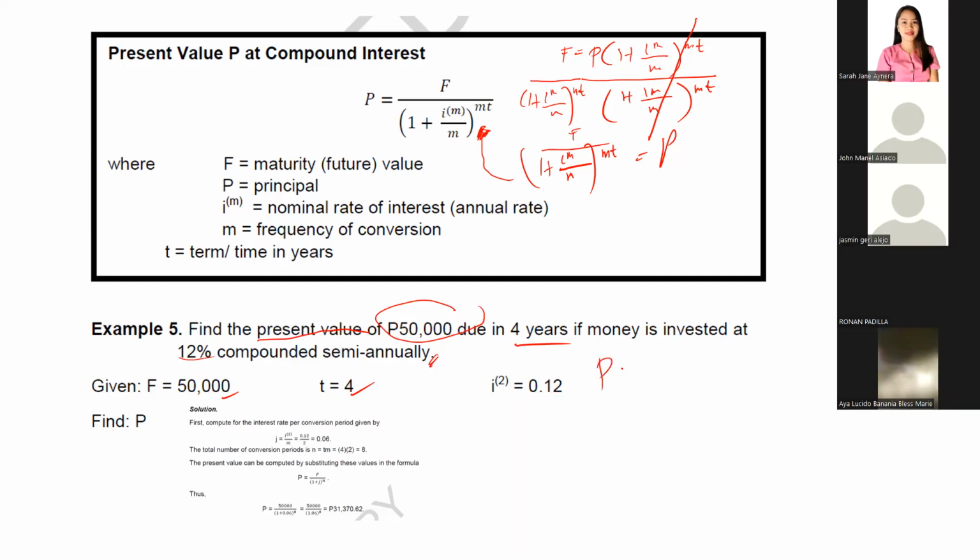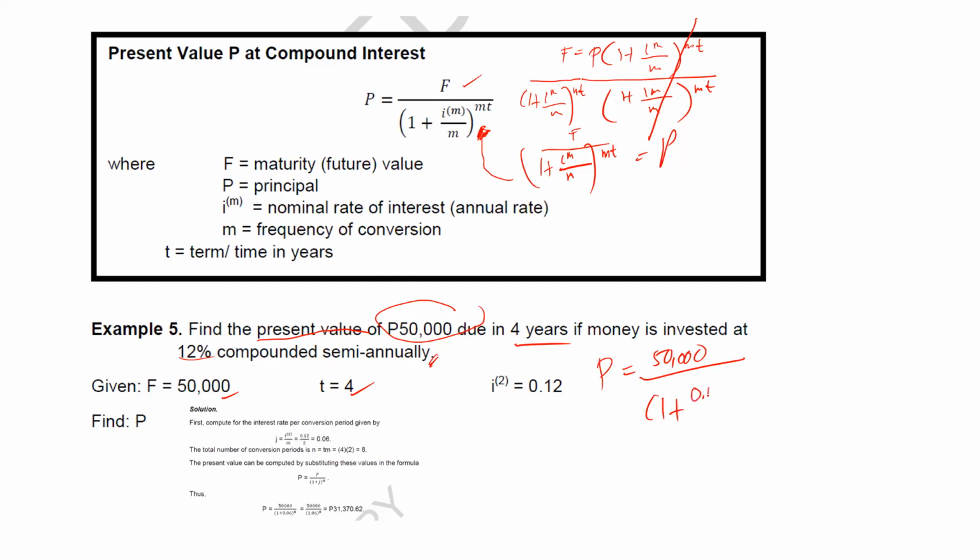So present value is equal to the principal amount, meaning F, 50,000 divided by 1 plus I, the annual interest of 0.12 divided by M. Since this is compounded semi-annually, this is twice a year or every 6 months, so this is 2.